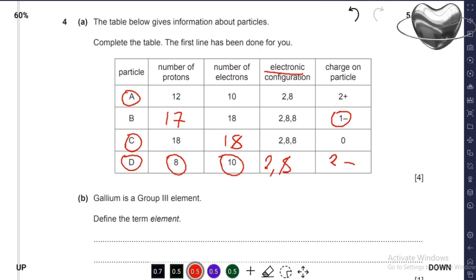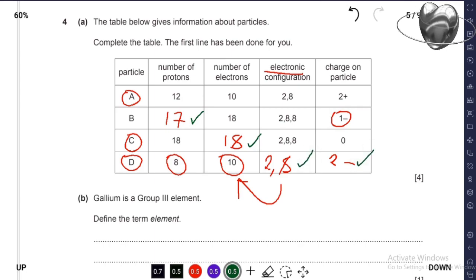When we add 2 plus 8, we go to 10. So this is our answer. You are going to have your 4 marks, as you can just count there. 1 mark, 1 mark, 1 mark, 1 mark. That's very important. Very, very important.